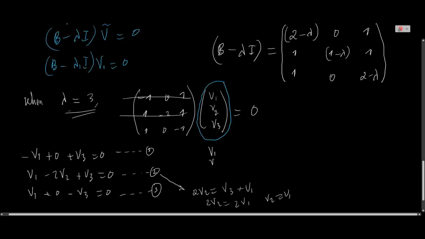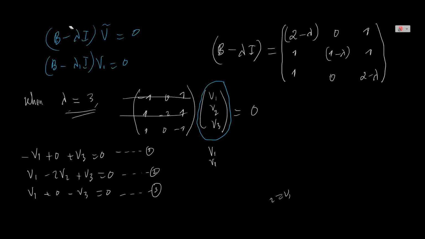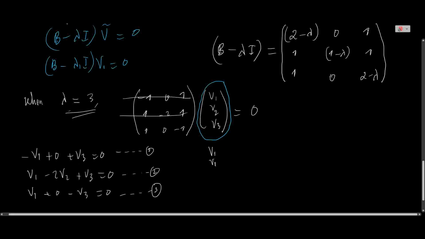Our v2 is v1. We'll do the same thing for our third equation, so we have to express it in terms of v1. Our v3 is v1. So substitute here, our v3 is v1. We notice that all of them are v1. So if we factor out v1, we're going to be left with 1, 1, 1. So this is our eigenvector.